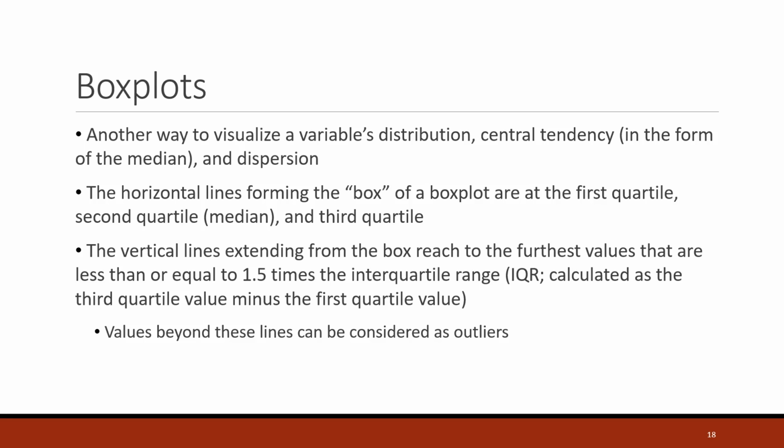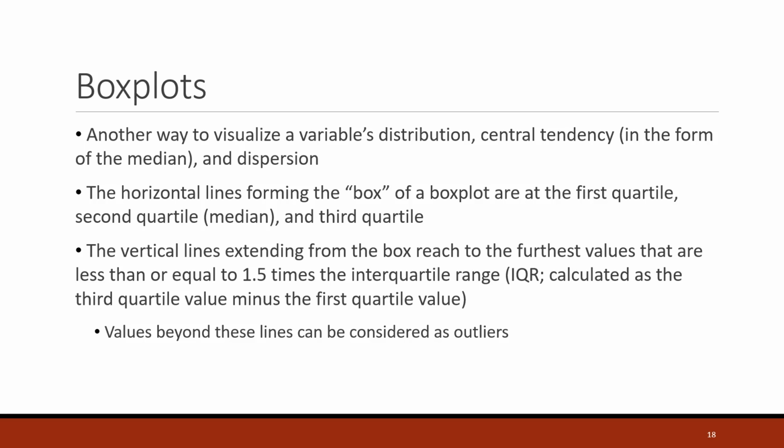And that matches the definition that we saw earlier for the median. So the second quartile and the median are the same value. And the third quartile is the value at which approximately 75% or 3/4 of the observations fall at or below. Then the vertical lines extending from the box reach to the furthest values that are less than or equal to 1.5 times the interquartile range.